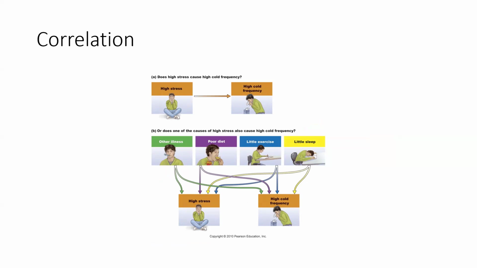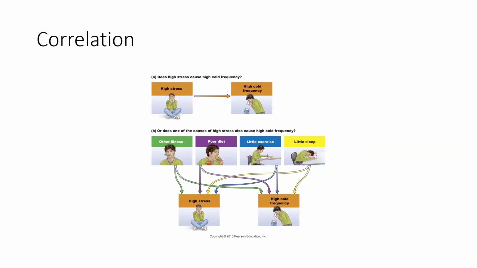Maybe a person has other illnesses, poor diet, little exercise, little sleep. All these things can cause a person to be stressed out, and can also weaken the immune system and make a person more susceptible to catching a cold. So it's not necessarily that the stress is causing the cold, but maybe there is some underlying factor that's contributing to the frequency of colds.